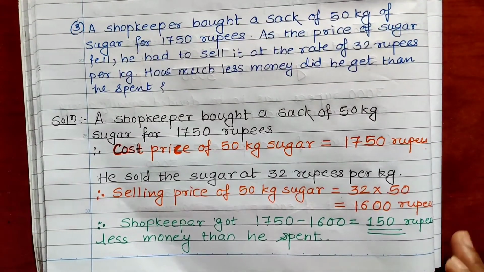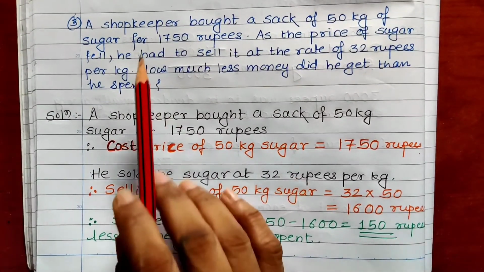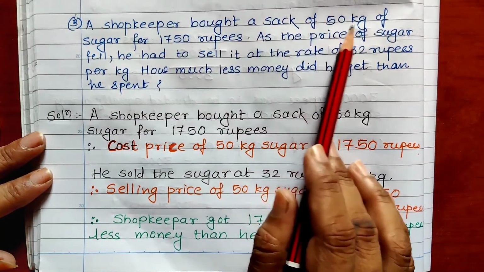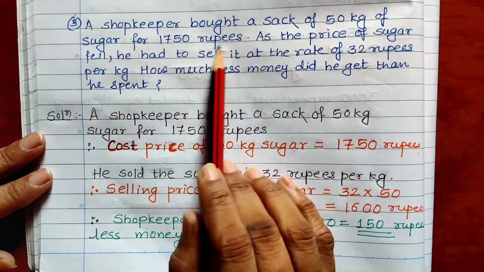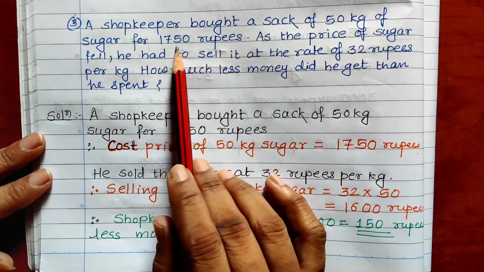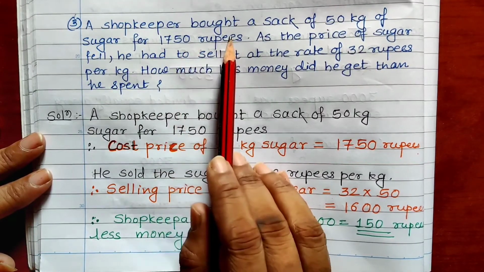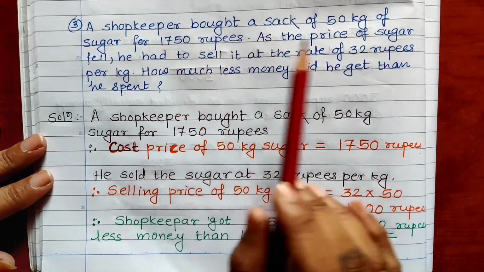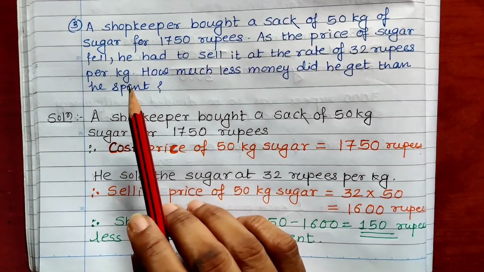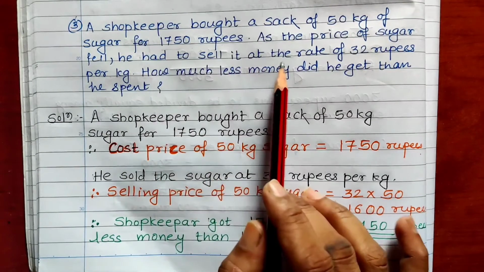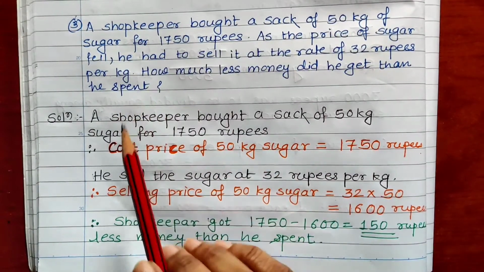So this is our next sum. A shopkeeper bought a sack of 50 kg of sugar for 1,750 rupees. Altogether he gave 1,750 rupees and he bought a sack of 50 kg of sugar. As the price of sugar fell down, he had to sell it at the rate of 32 rupees per kg.